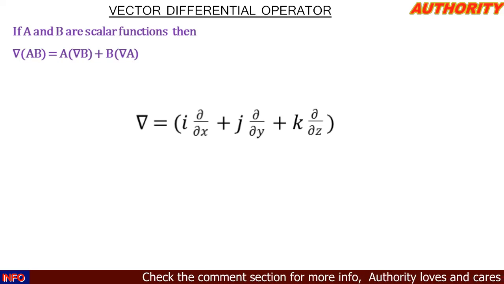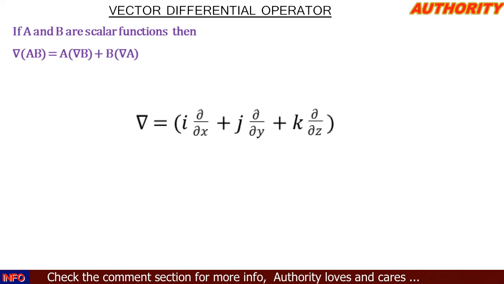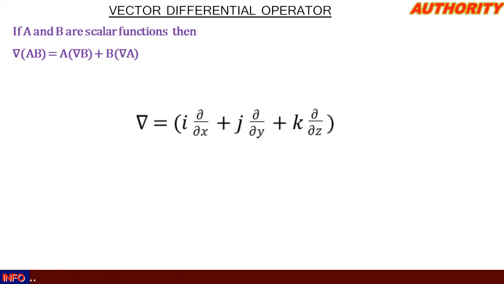It is the partial derivative with respect to x on i component plus the partial derivative with respect to y on j component and the partial derivative with respect to z on k component.